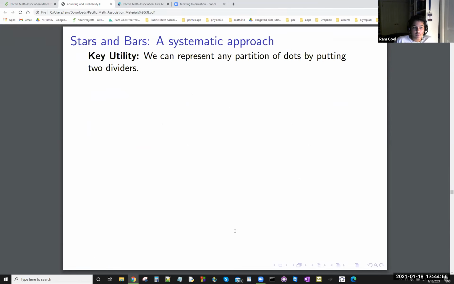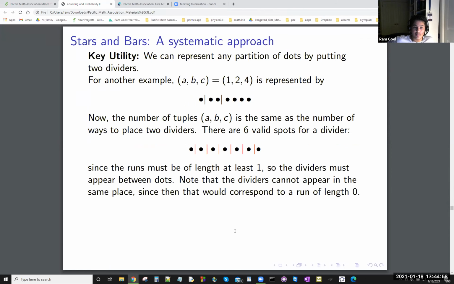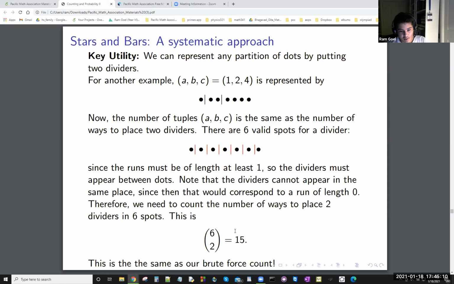As Alan was saying, we can generalize this method to even if A, B, C are not positive integers. In particular, if A, B, and C are at least 0 instead of at least 1, well, that's a question for a different day. But I'm going to pause for about 20 more seconds to see if there are questions about this.